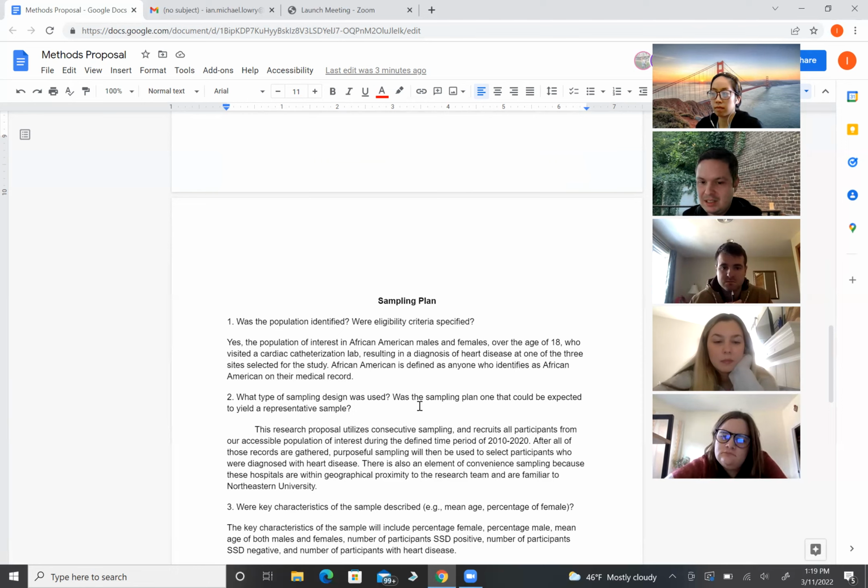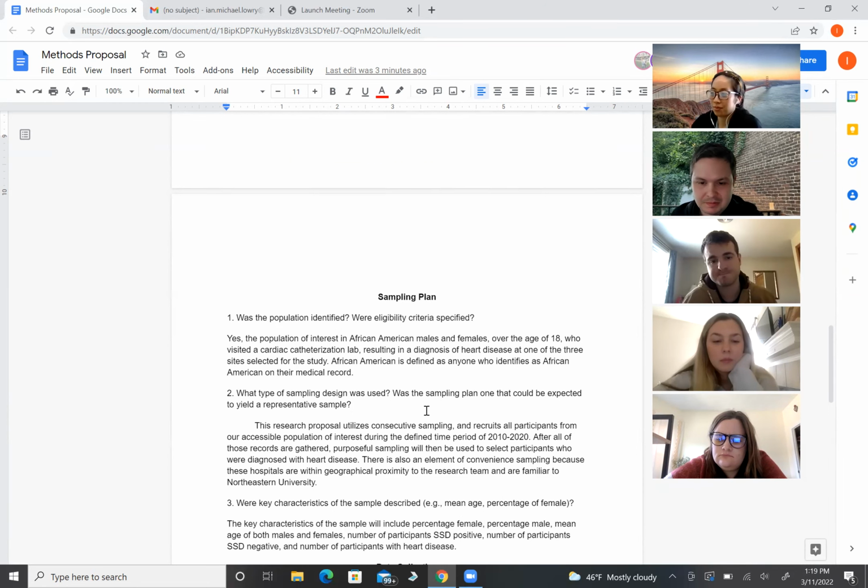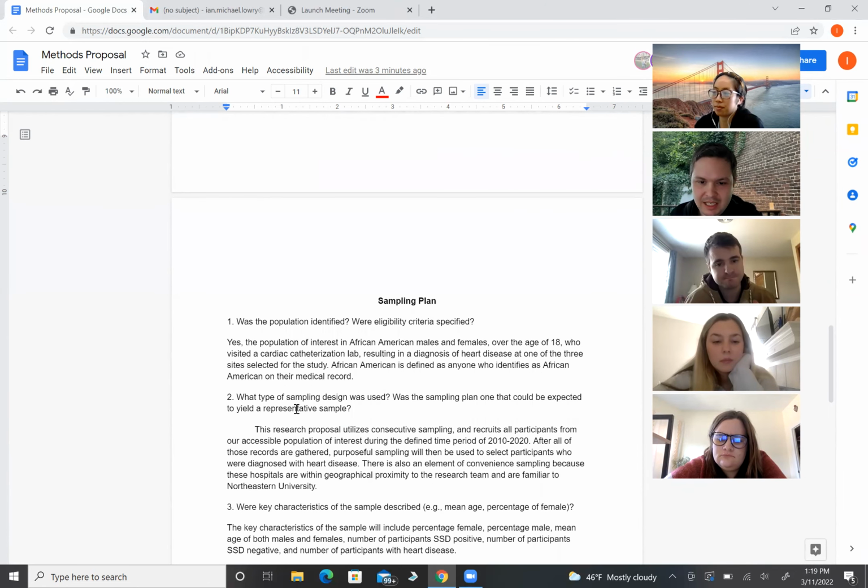But these are three hospitals that are close to all the researchers, and it's feasible to do. So that's why there's also an element of convenience sampling here. I think there's an element of convenience sampling in most research. So, it is what it is. Does anyone have anything to add for this?